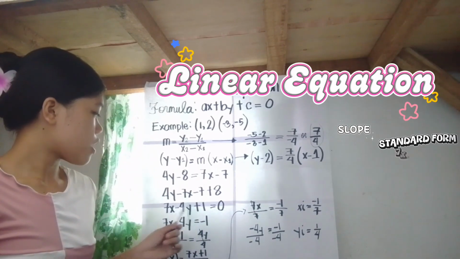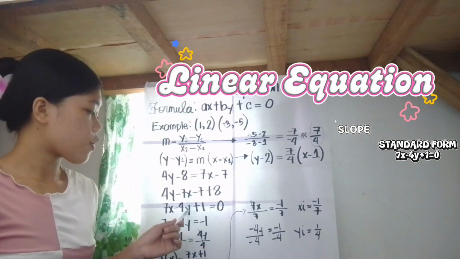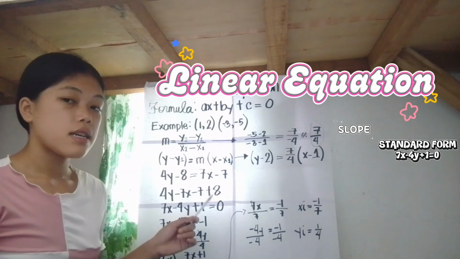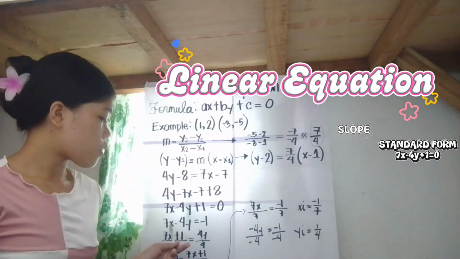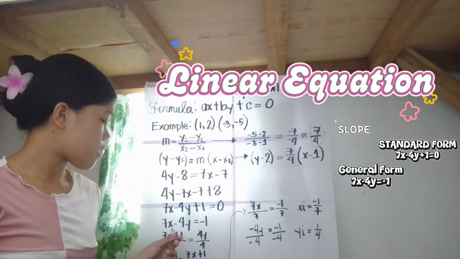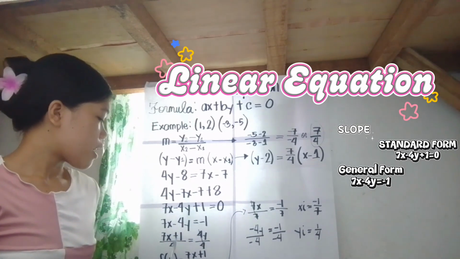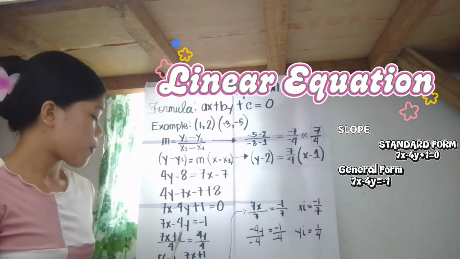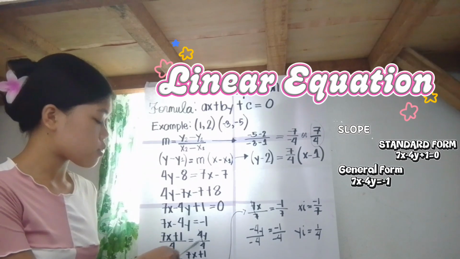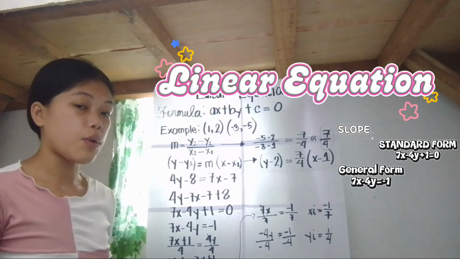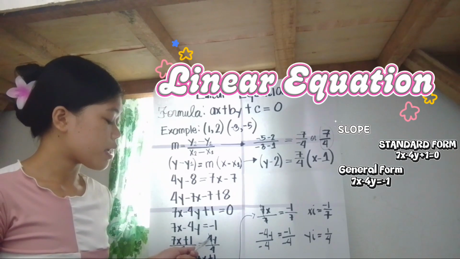So this is our standard form: 7x minus 4y plus 1 is equal to 0. Then our general form is 7x minus 4y is equal to negative 1. So we have here 7x plus 1 is equal to 4y. We can also get the slope-intercept form.